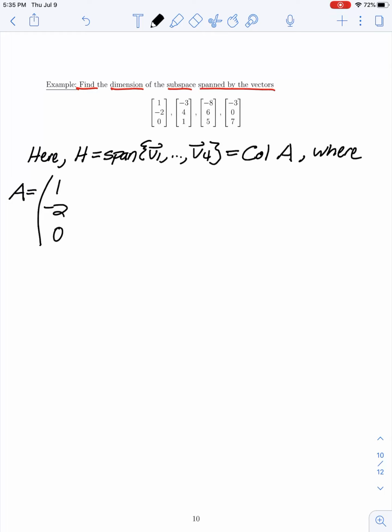1, -2, 0, -3, 4, 1, -8, 6, 5, and -3, 0, 7. So by performing row reduction on this matrix, we could determine the number of pivot columns and therefore the dimension of this column space and the dimension of H. So let's see what we could do to reduce our matrix here.